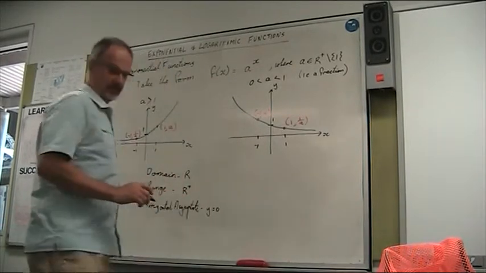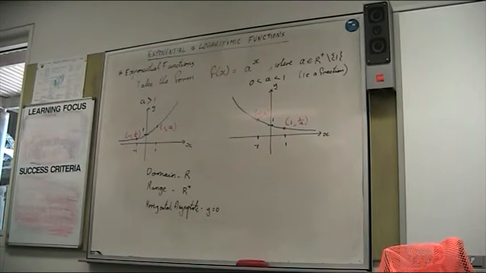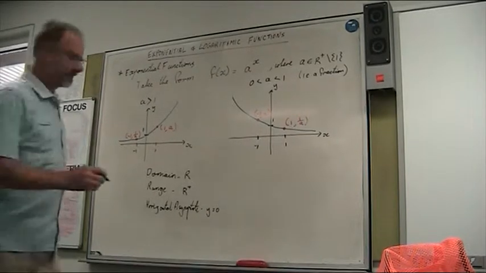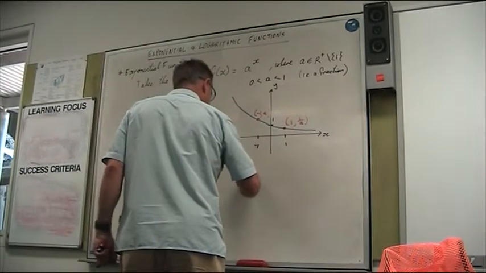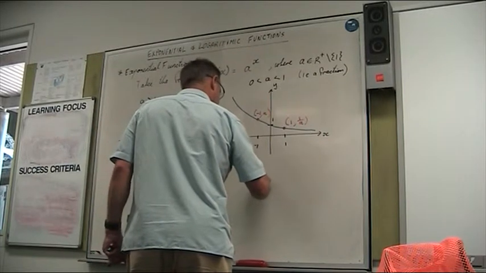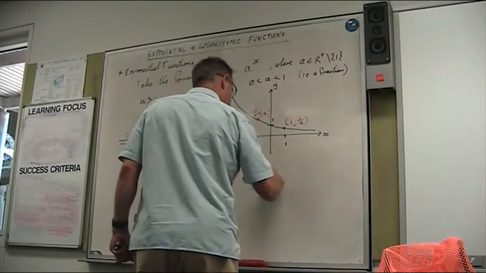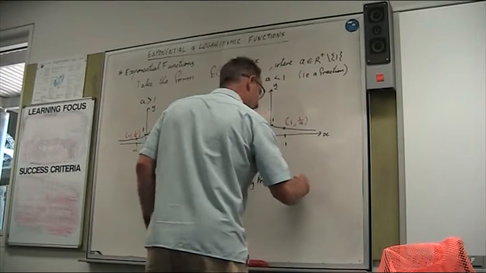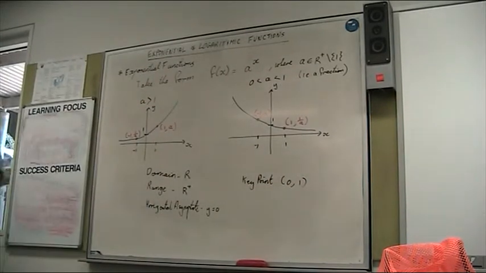The x-axis is the horizontal asymptote. And the other key point that we're looking at is when x is 0, y is always 1, because anything to the power of 0 is 1.